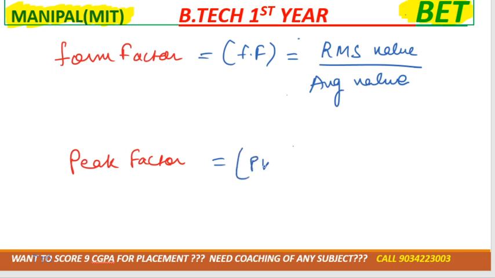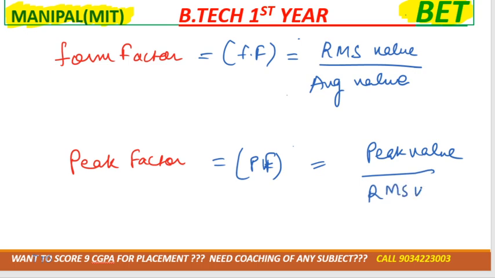Peak factor is denoted by the formula peak value divided by the RMS value. You need to learn this. I think this is mentioned in your handbook. I'm not 100% sure, but you can check it later on. This formula is mentioned in your handbook.